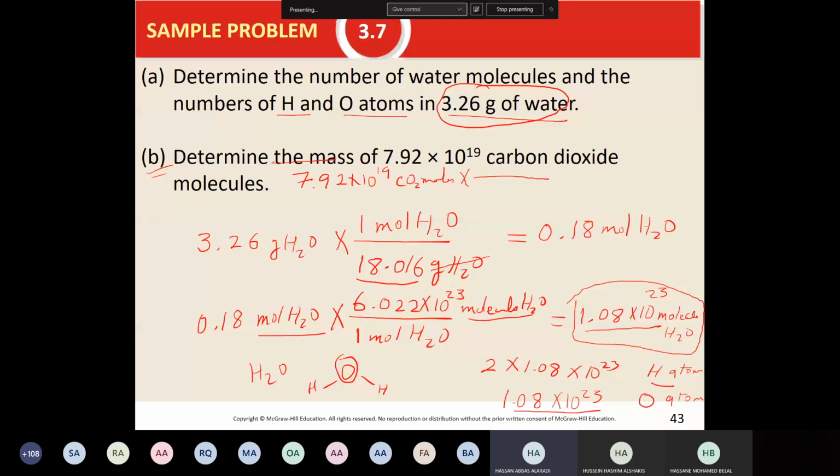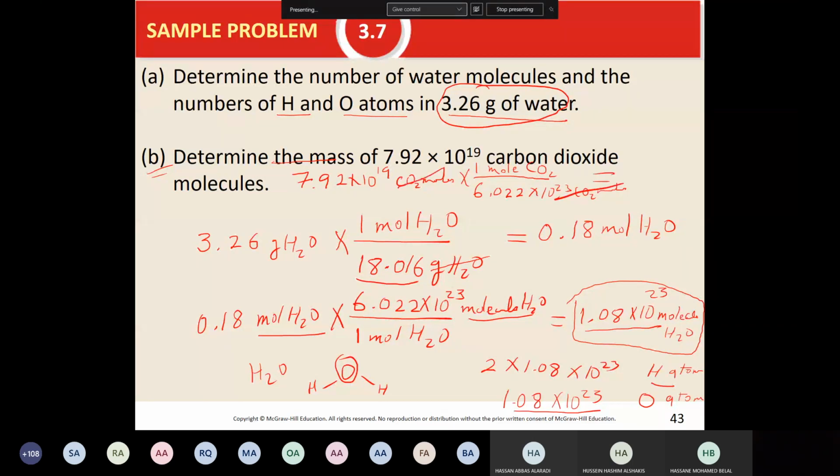How can I change it to mole? Divided by Avogadro. 1 mole CO2 equals what? 6.022 times 10 to the power 23 CO2 molecules. Get rid of this unit with this unit and get the answer.